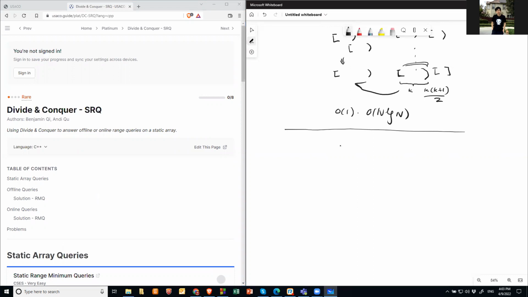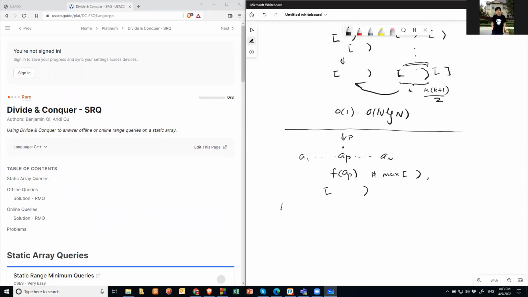Let's say I have a point P. At this point, the value is A of P, all the way to A of N. Let's say F of A of P is the number of those max intervals that has to contain P, okay?